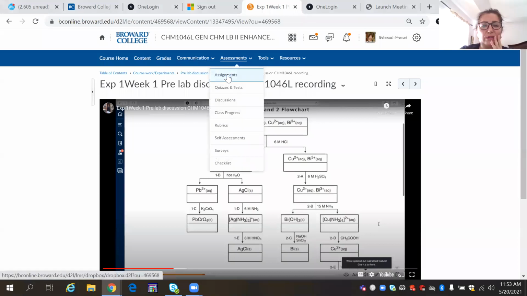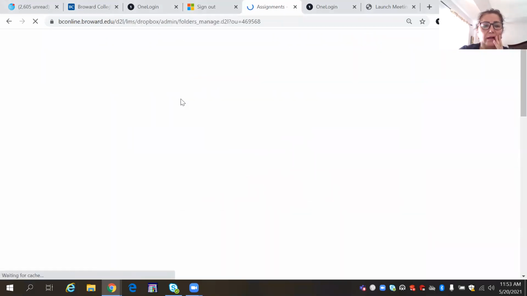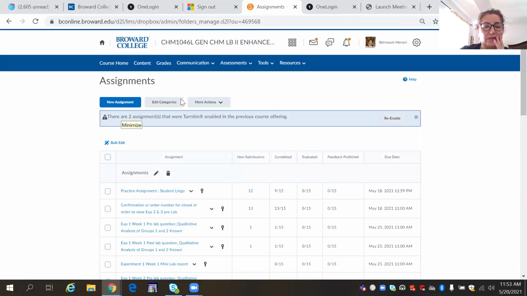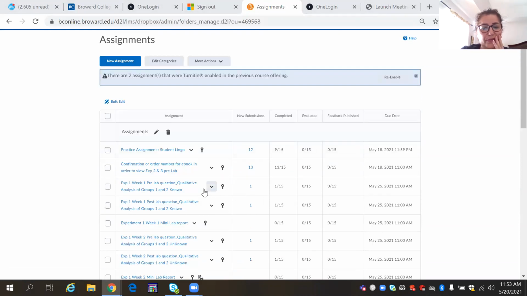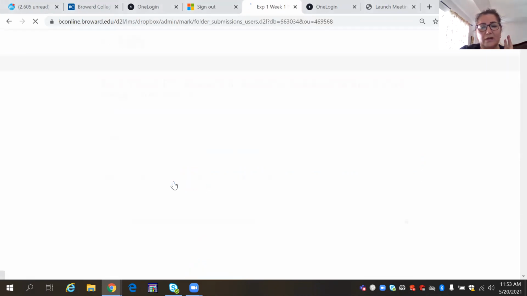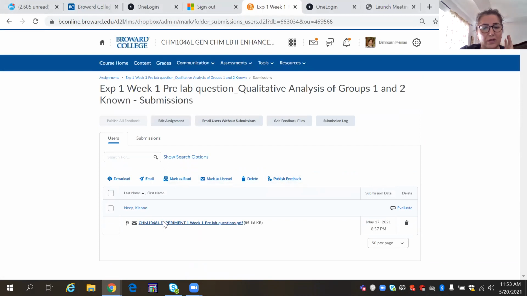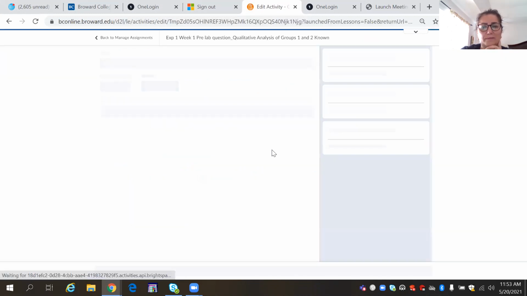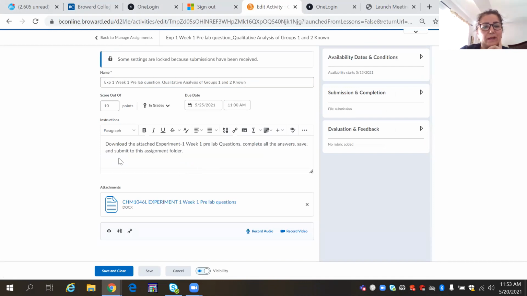So what you do, you go to the assignment folder, or when you are actually looking for the assignments, like for this assignment, when you open the assignment, it shows me submission. Here it says download the attached experiment 1 week 1 pre-lab questions, complete all the answers, save, and submit to this assignment folder.